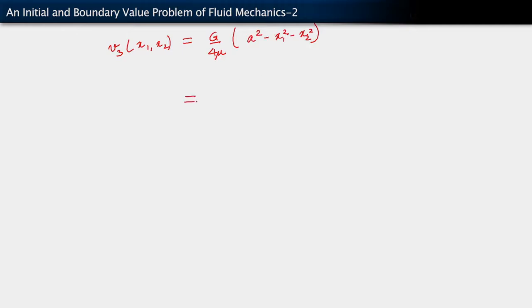Recalling what we'd found for g before, that g was the outlet pressure minus the inlet pressure divided by the length of the channel, so we have 4 mu L here, times a square minus x1 square minus x2 square. That's v3. And therefore v as a full vector is 0, 0 times this.